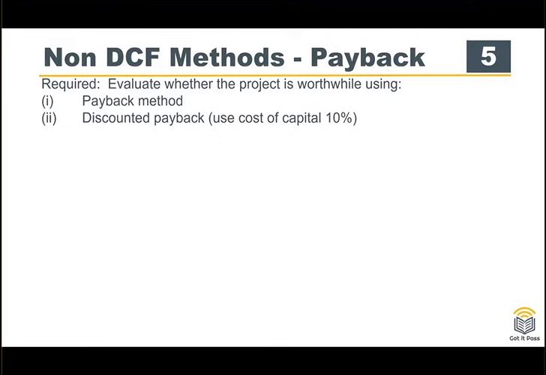As said, year 0 is minus 20,000, with a discount factor of 1. The first year has 6,000 with discount factor 0.909.